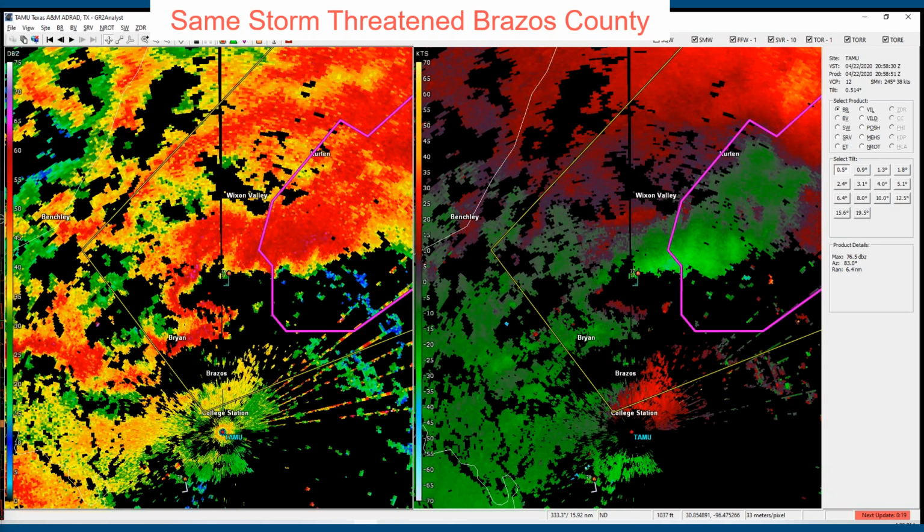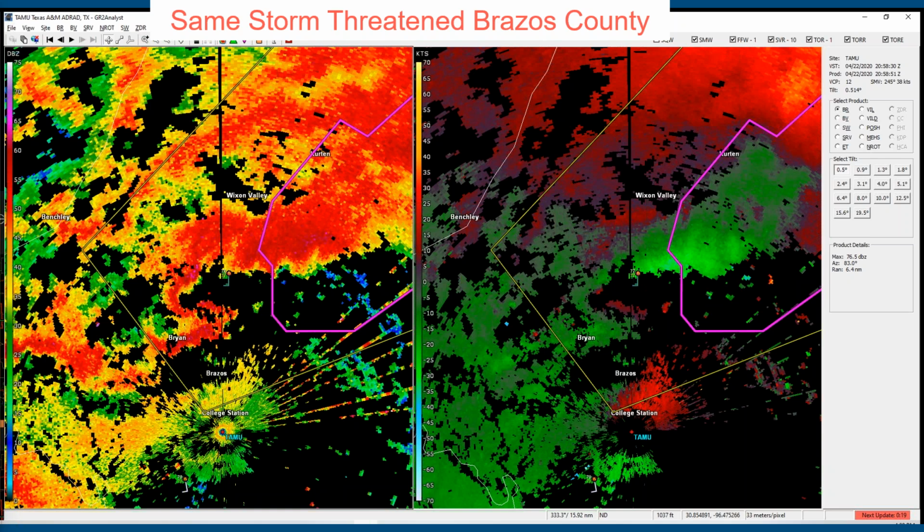Now, I mentioned other radars. We have our 88Ds, we have our terminal Doppler radars. This is actually from the ADRAD, the Aggie Doppler radar. This is the same storm that eventually dropped the tornado on Alaska. And you can see TAMU here. This is the location of the radar. Look up at this feature here.